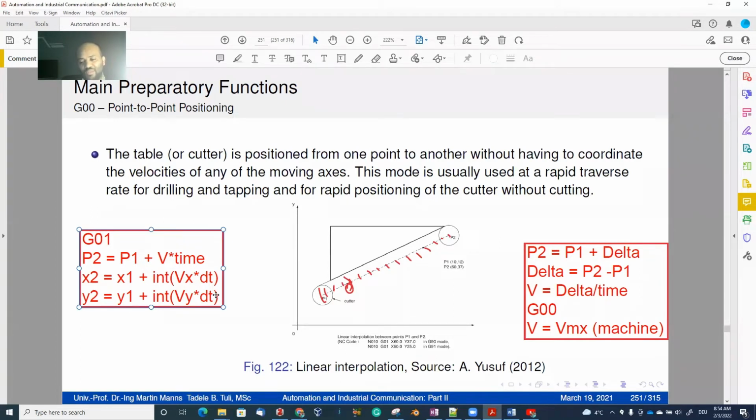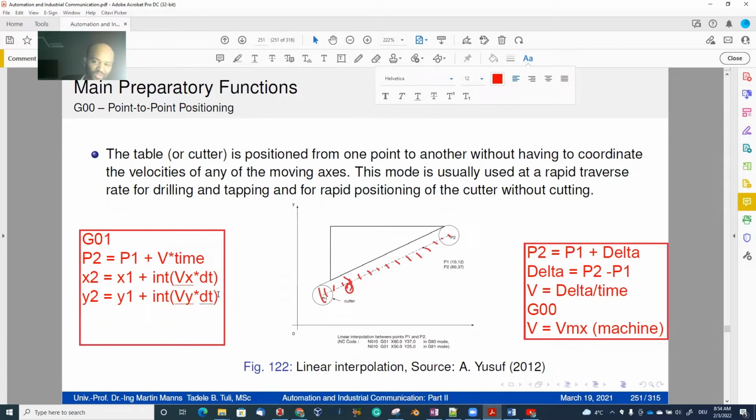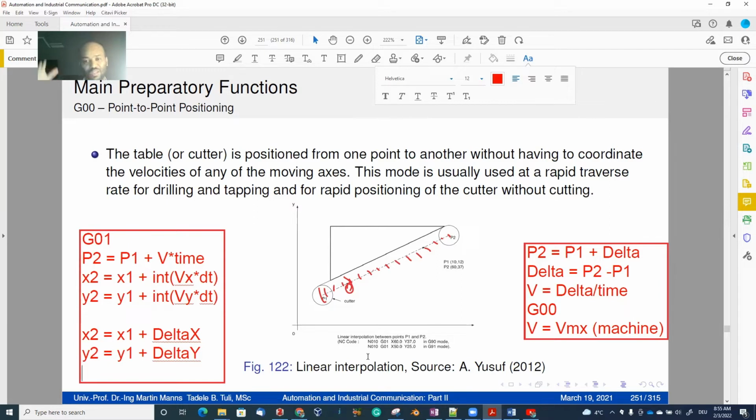Now, if we go further, if we don't want to make it an integration, if we want a numerical, discrete-event approach, then maybe we want to make X2 equals X1 plus delta X, and Y2 equals Y1 plus delta Y. Again, if we want to make it more generic, between P1 and P2 we will divide into a number of elements.